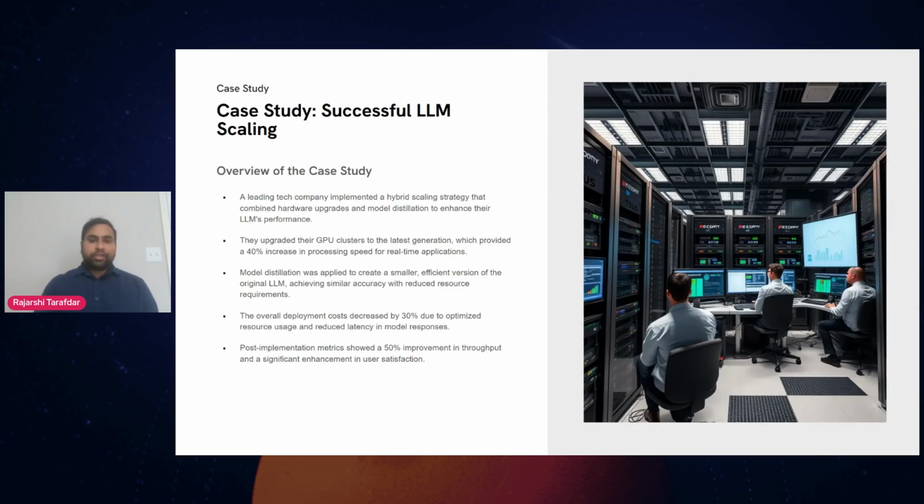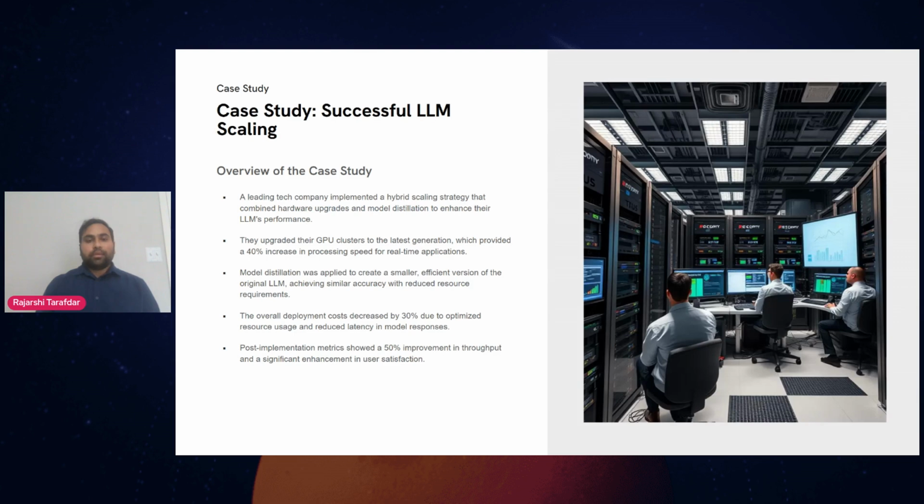Now we have taken a case study for successful LLM scaling. One leading tech company implemented a hybrid scaling strategy that combines both hardware upgrades and model distillation. It helped increase performance in terms of processing speed by up to 40%.